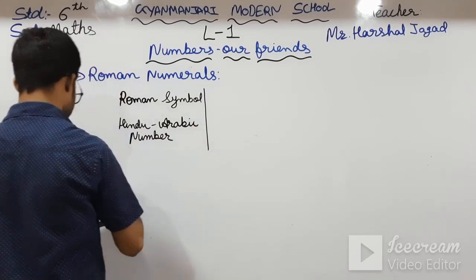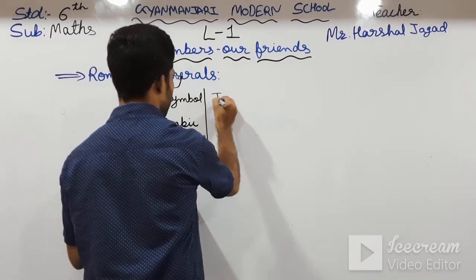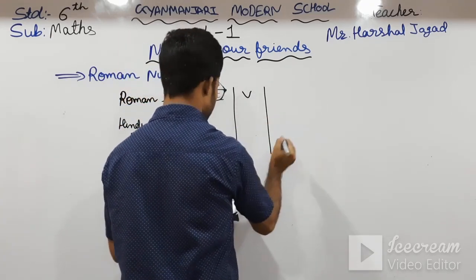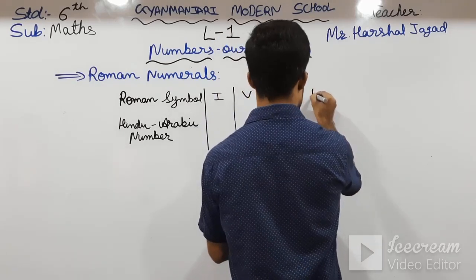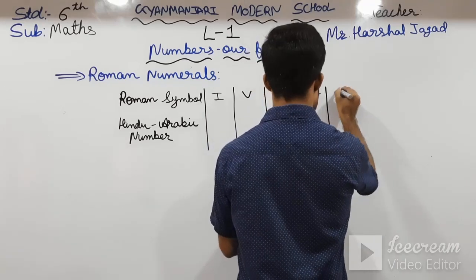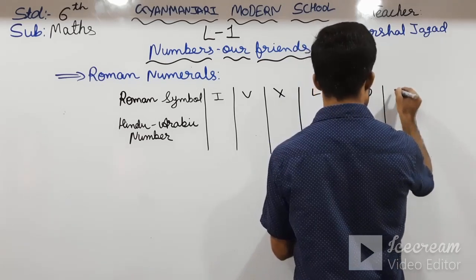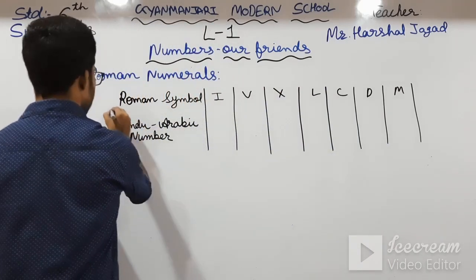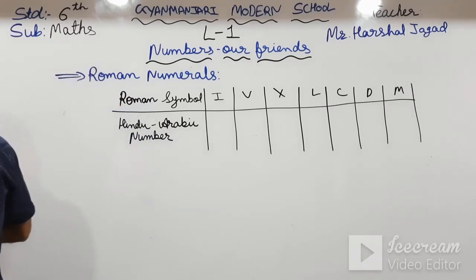Here this is 1, 5, 10, 50, 100, 500, 1000. So this is the table.